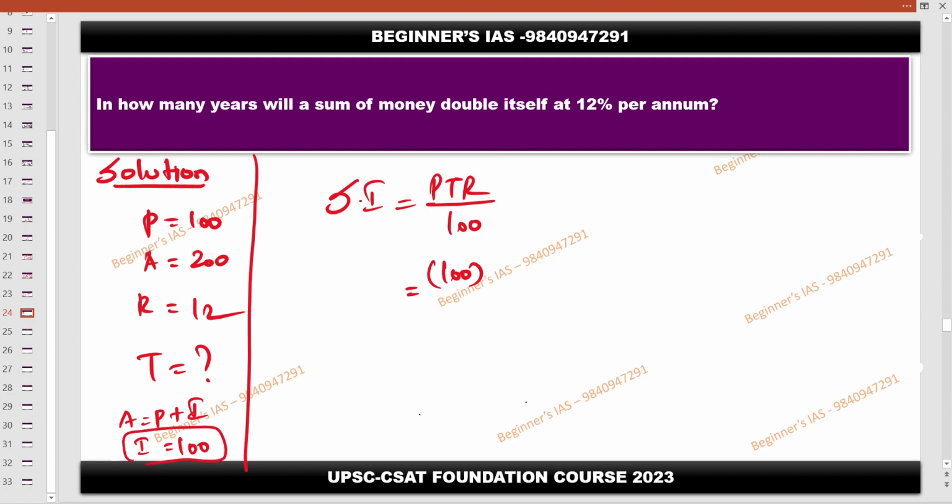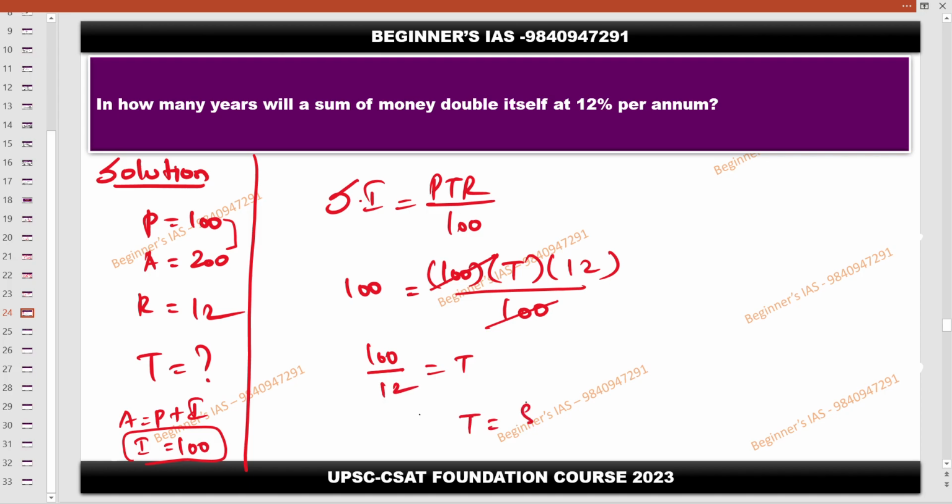Here you have to subtract these two and you will get 100. So here 100, T is what you need to calculate, R is 12 by 100, so T is 100 by 12, which is 8 1 by 3. So the options will be like this: 8 years 4 months.